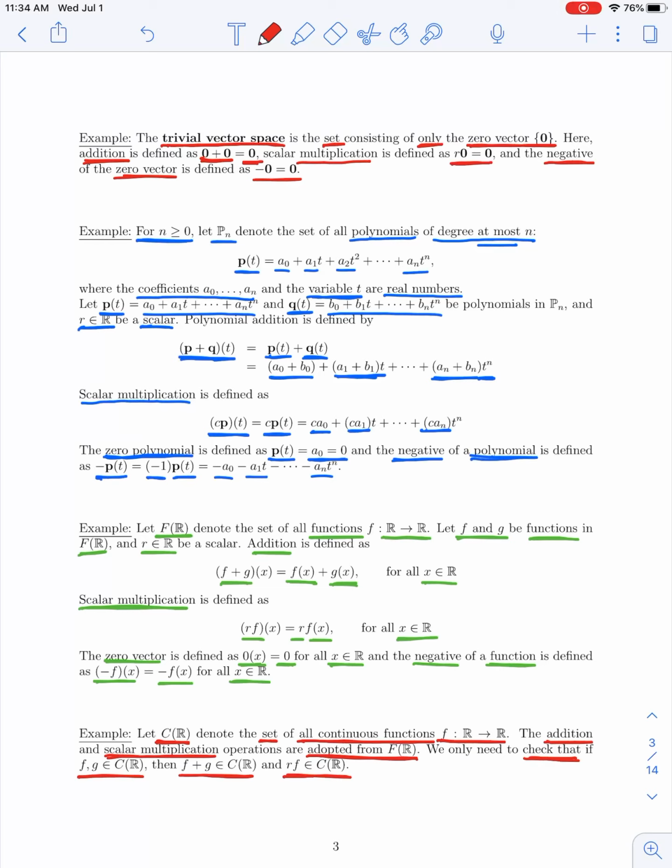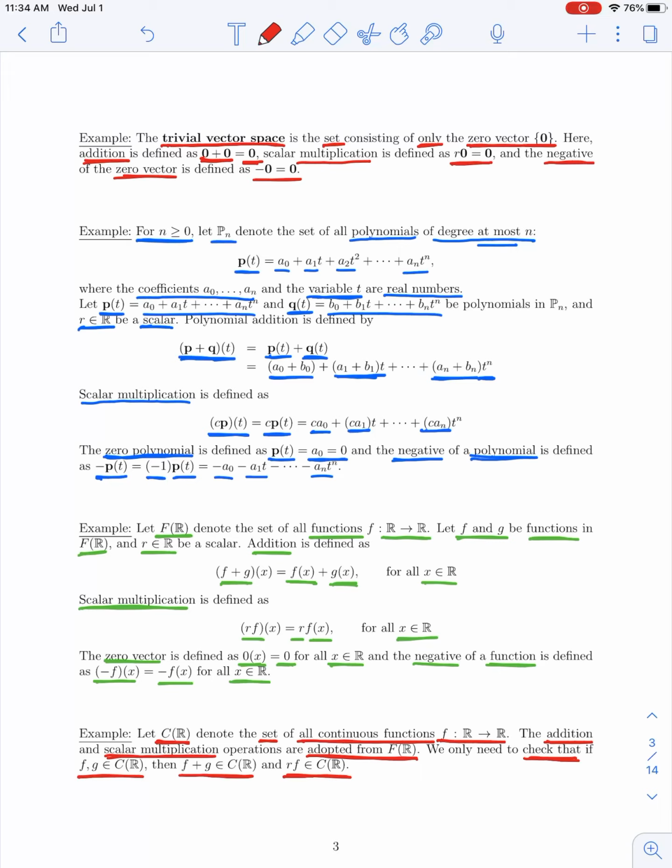You've seen that the product of two continuous functions is continuous. So if we have a continuous function times a constant, well, we know that constant functions are continuous. Therefore, the constant times that function must also be continuous. So these are classic examples of vector spaces that we'll work with throughout this course.